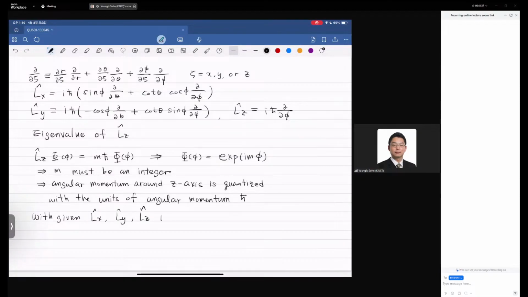It is possible to show that the L square operator is indeed this one, the theta phi Laplacian, which let me just write down. Mathematically, you can show that they're equivalent.